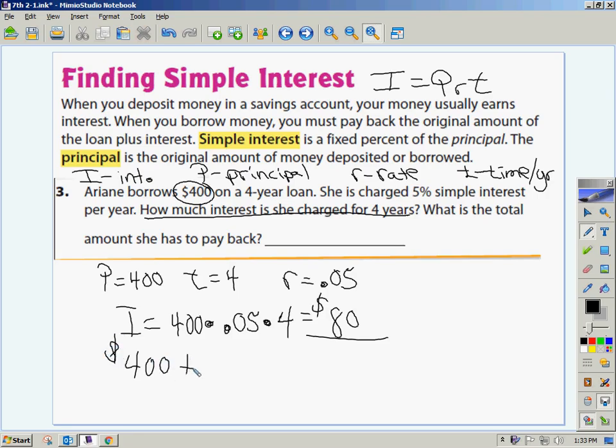But I've also got to add to it the interest, so I'm going to pay back a total of $480. 400, the principal, the initial amount that I borrowed, plus what? 80, the interest that I accumulated over that 4-year period of time.